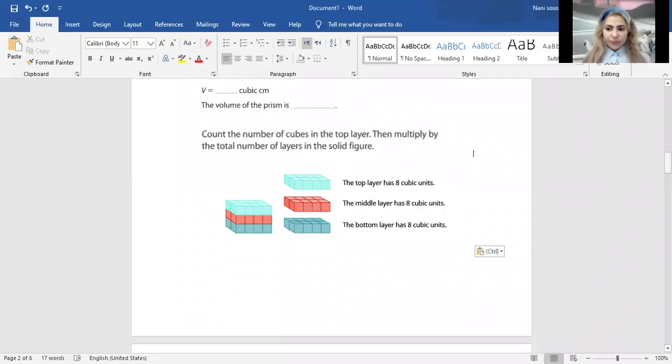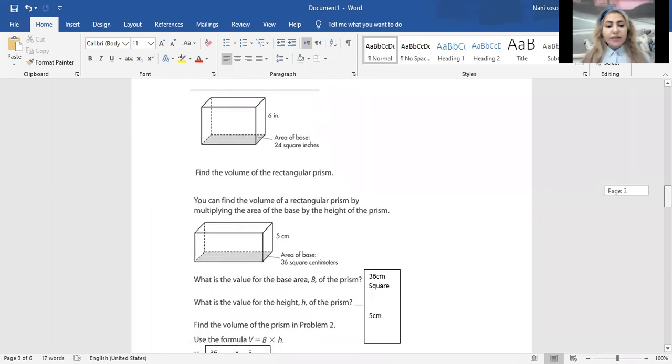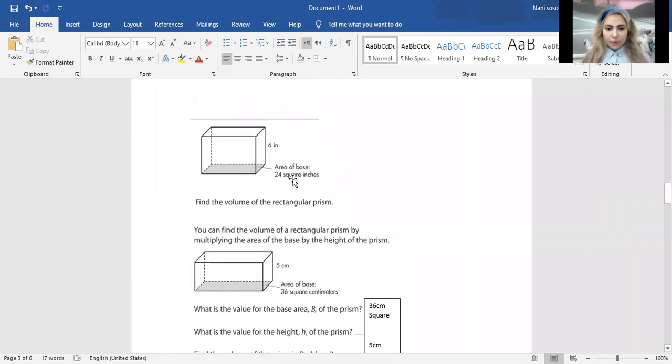So we will complete from here, my lovely girls. As I told you, this is the rectangular prism. If I gave you this shape and told you the base area equals 24 square inches and this is the height, to find the volume we will multiply what?